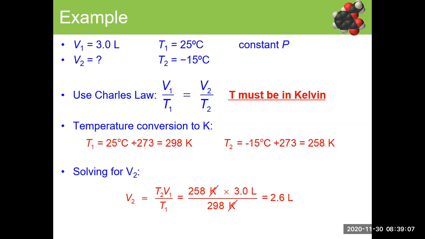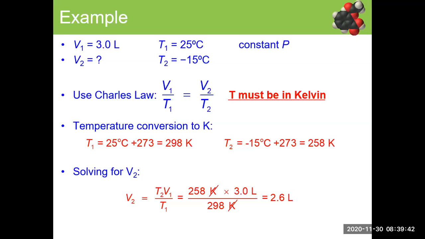Charles's law tells us that V1 over T1 equals V2 over T2, but to use this relationship we need to convert temperature into Kelvin. To convert, we take the degree C value and add 273 to it, so the T1 value is now 298 Kelvin, and the T2 value is now 258 Kelvin.